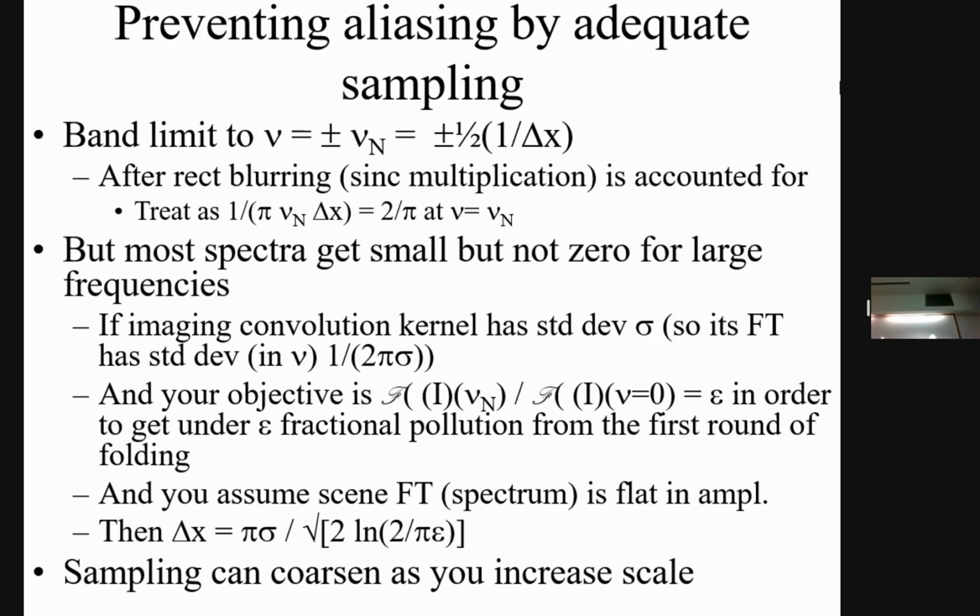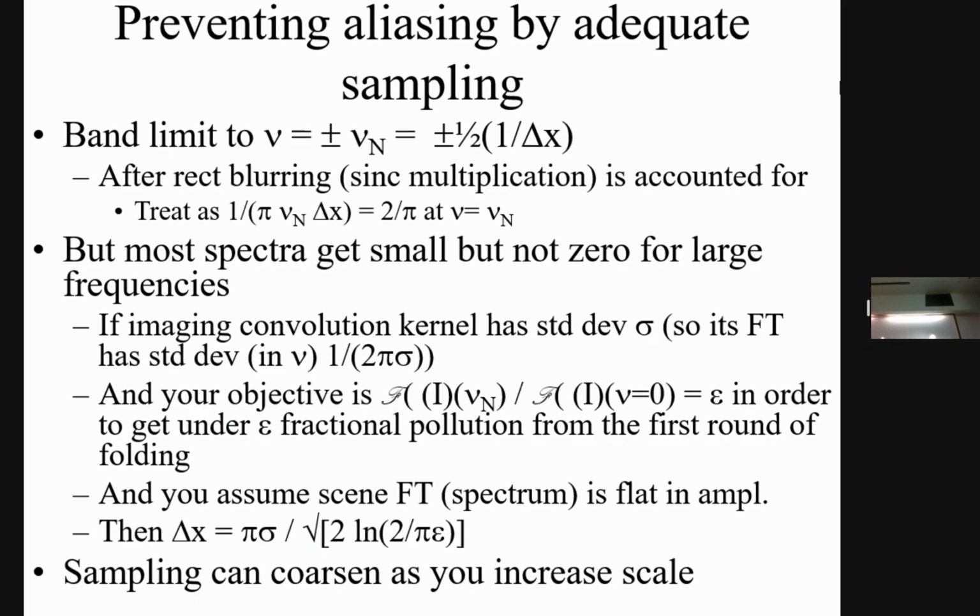Last time we were talking about what is adequate sampling for an image. Basically you pick an amount of pollution, a relative error that you're willing to bear. If you know the RMS width of your camera's blurring function, then you can conclude that the pixel size needs to be a particular size or finer.